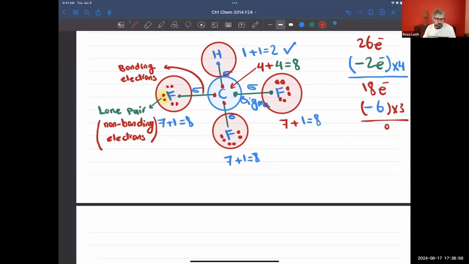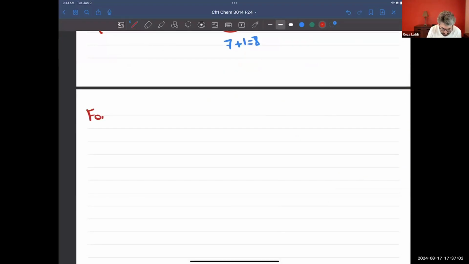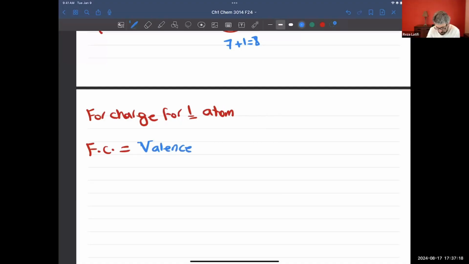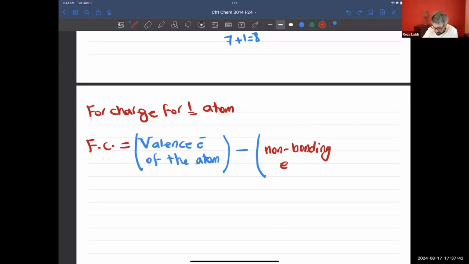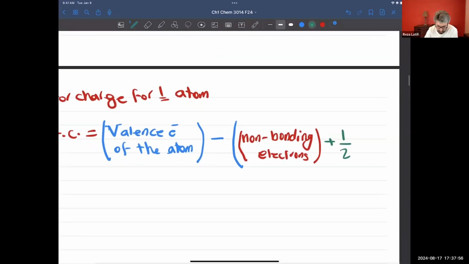Okay, so now let's go after the formal charge. How to calculate formal charge of one element? Formal charge for 1 atom: the formal charge is equal to valence electrons of the atom, so valence electrons minus non-bonding electrons, plus half of bonding electrons.